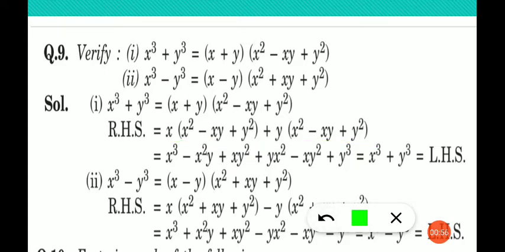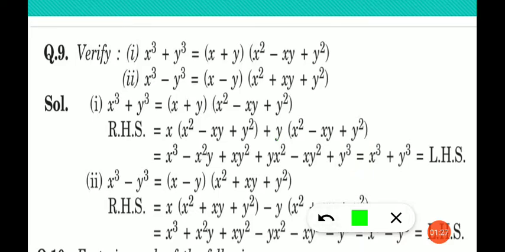So start multiplication. x into x square is x cube, x into xy is x square y, x into y square is xy square. Okay, that's done. Then second part, y into x square is yx square, y into xy is xy square, y into y square is y cube. So this we get on multiplication.